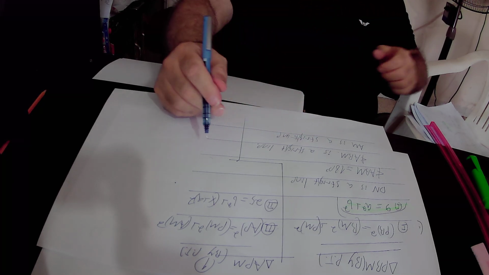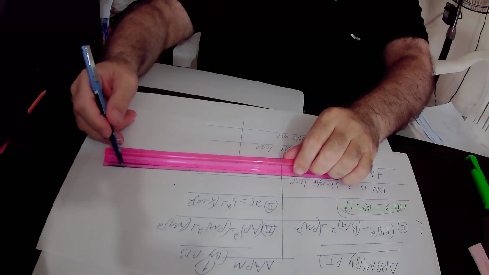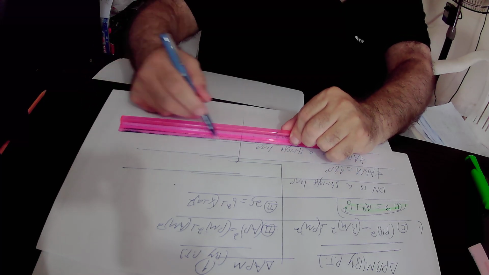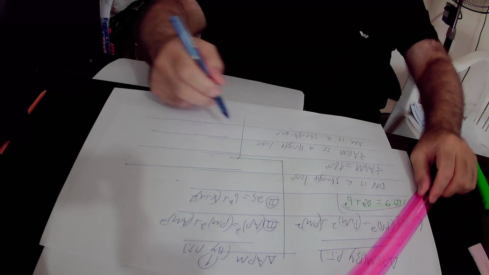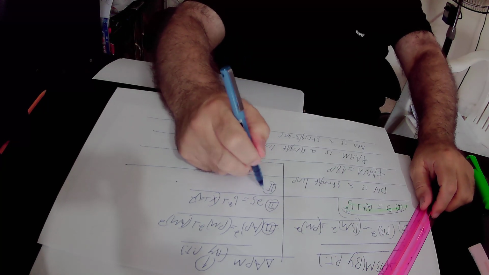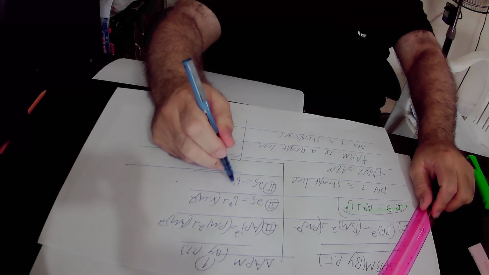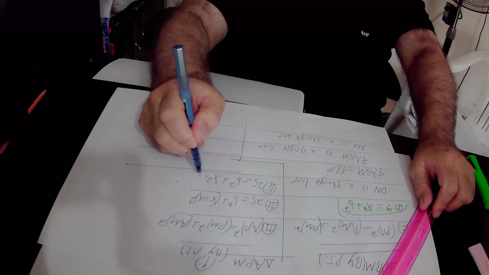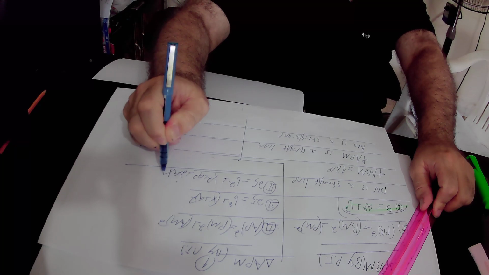Here we'll open the brackets on this side of equation number 2, and we get that 25 equals b squared plus (x plus a) squared, which equals x squared plus a squared plus 2ax.